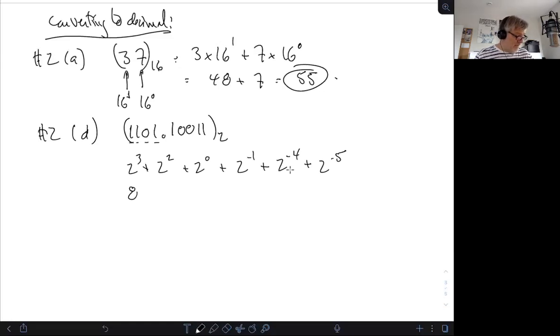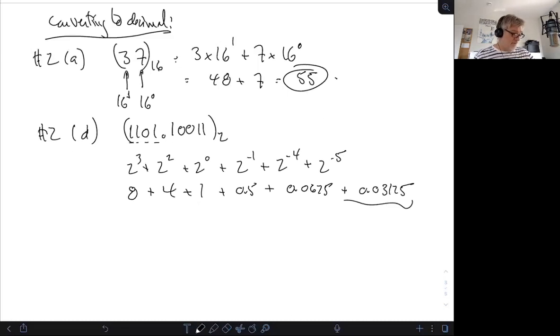So this is 8 plus 4 plus 1 plus 0.5, and then I can look up the table: 2 power negative 4 is 0.0625, and 2 power negative 5 is 0.03125.